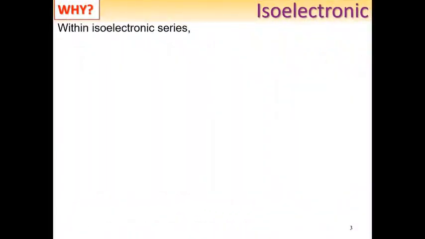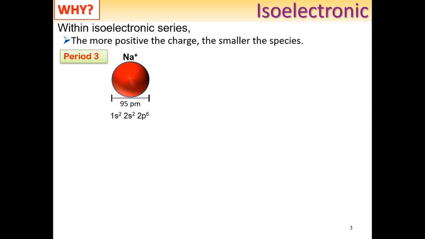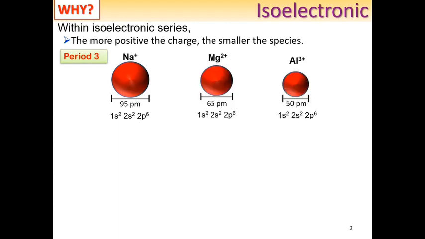Now let's discuss the size of isoelectronic species. Within an isoelectronic series, the more positive the charge, the smaller the species. Let's look at the trend of ions from period 3: sodium +, magnesium 2+, and aluminum 3+.